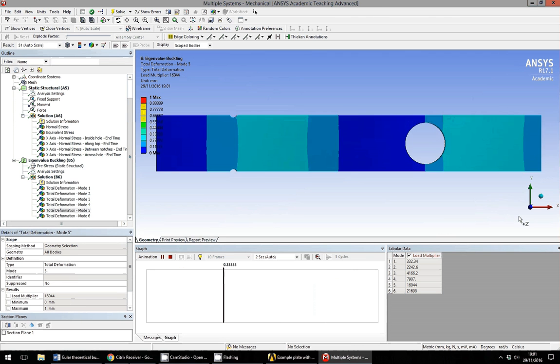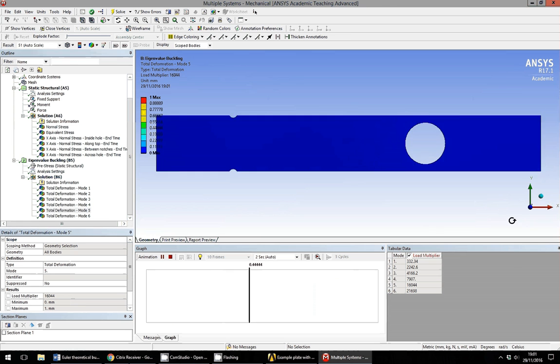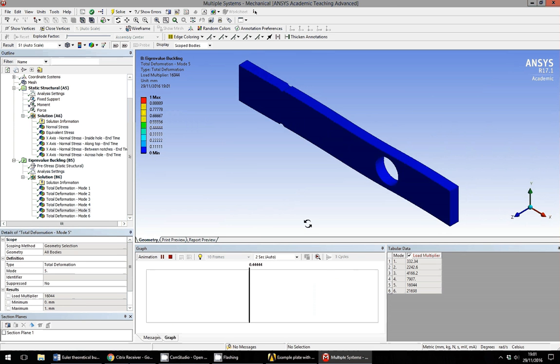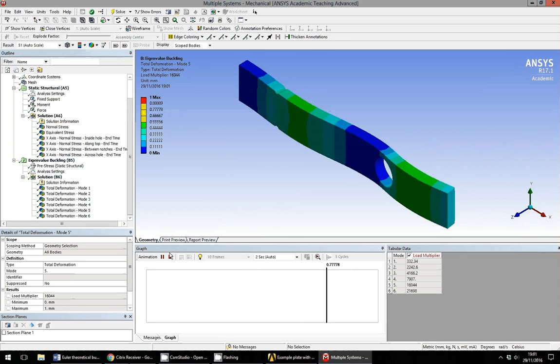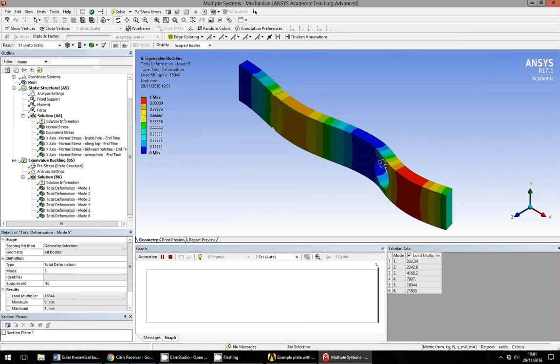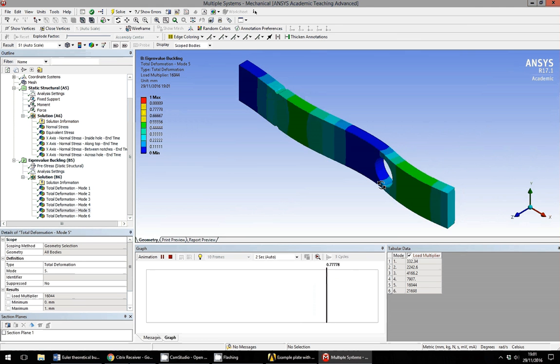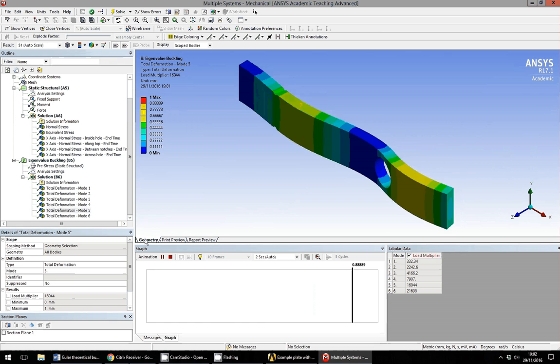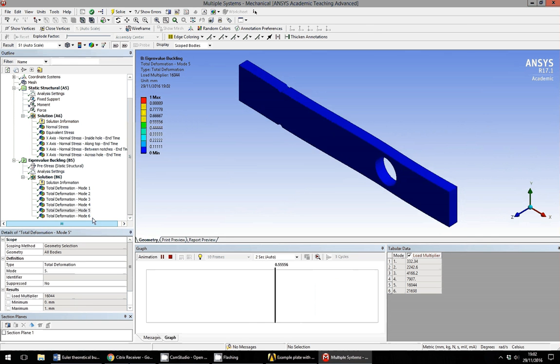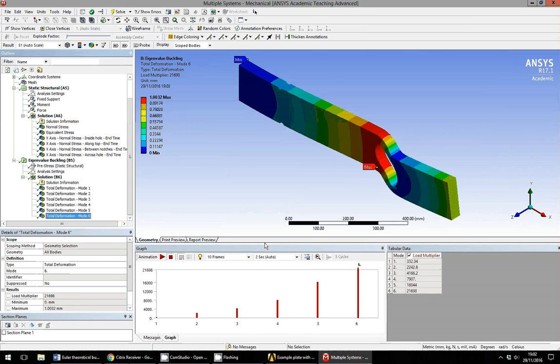Again, nothing much happening around the hole in terms of deformation. It's an overall buckling shape. But the presence of the hole is reducing stiffness here, so it will be affecting the multiplier. And mode 6 is quite an interesting mode.